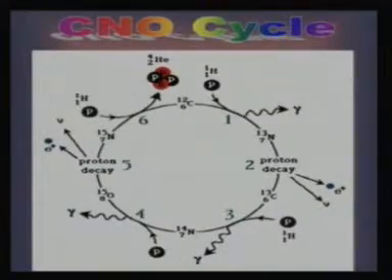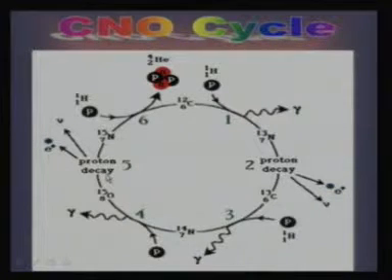Essentially here also you would notice that 4 protons combine into one helium. Carbon is set free again. Although we require carbon to begin the cycle, here shown in the cyclic form, if you go in the clockwise direction, you see what's happening.